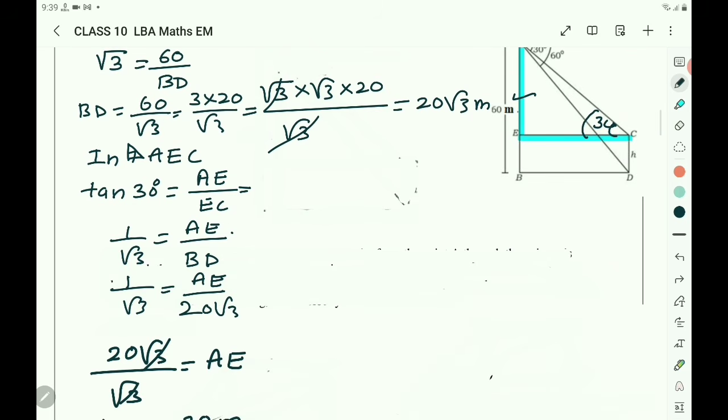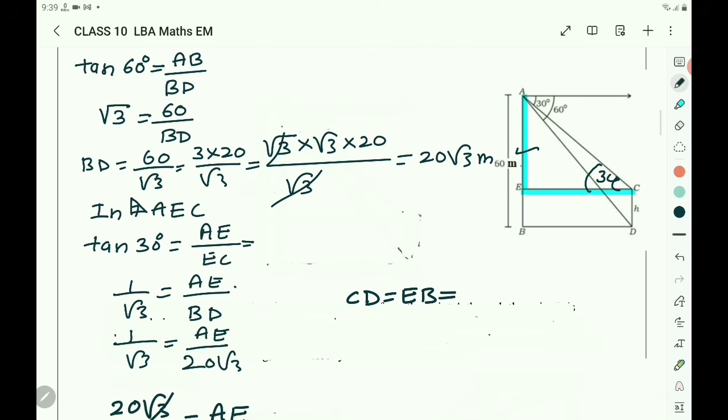Then you write CD is equal to EB, which is equal to what? This whole AB minus AE.